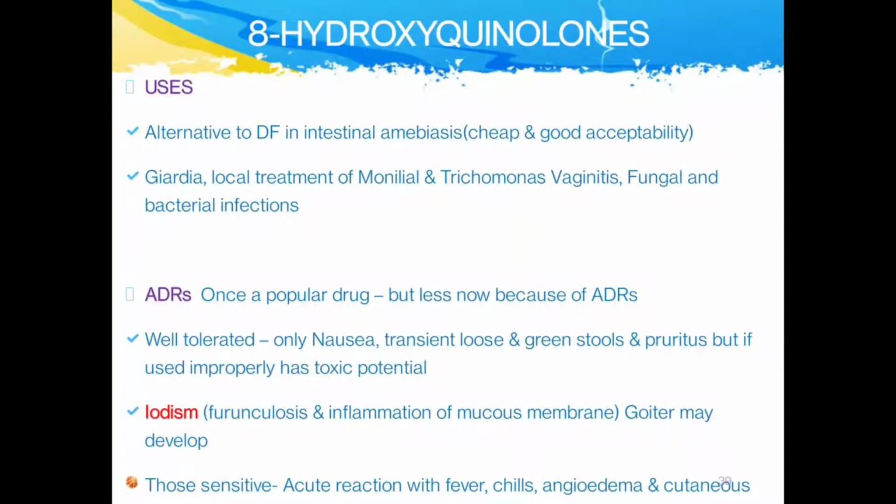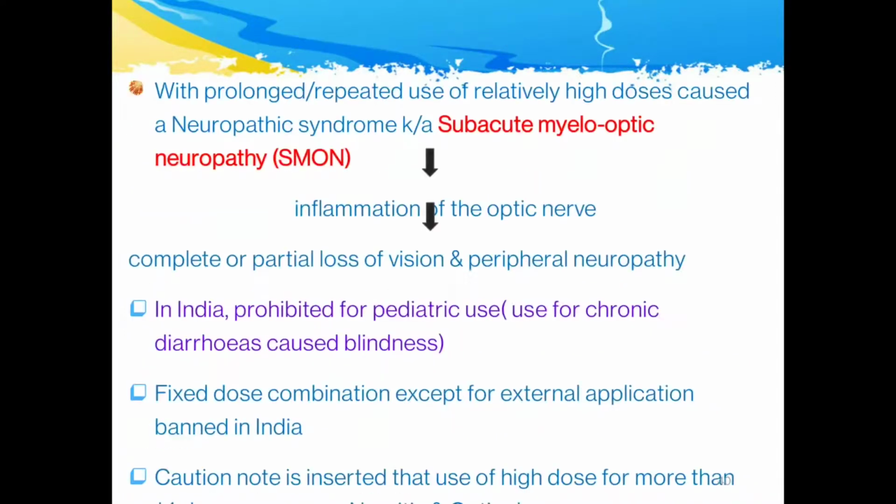Iodism, goiter may develop, so there is a chance of hypothyroidism. Inflammation of the mucous membrane, furunculosis. Sensitive persons may have an acute reaction with fever, chills, angioedema and cutaneous reactions.